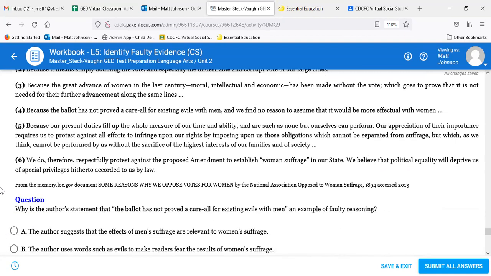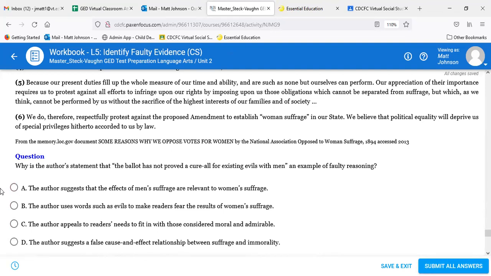And then 12 is, let's go to Tracy for number 12. You read 12 for us. Yes. Why is the author's statement that the ballot has not proved the killer for existing evils with men an example of faulty reasoning? A, the author suggests that the effects of men's suffrage are relevant to women's suffrage.